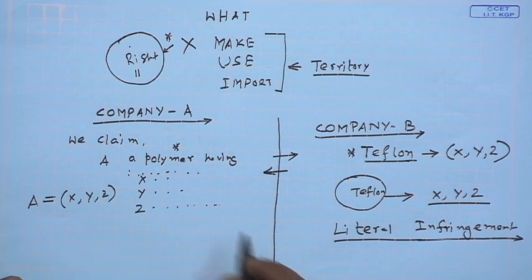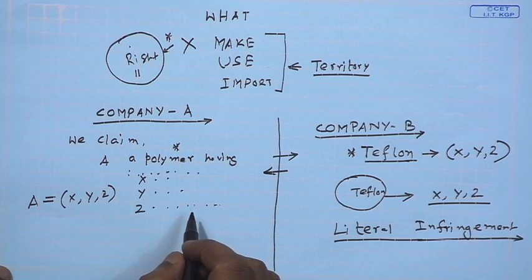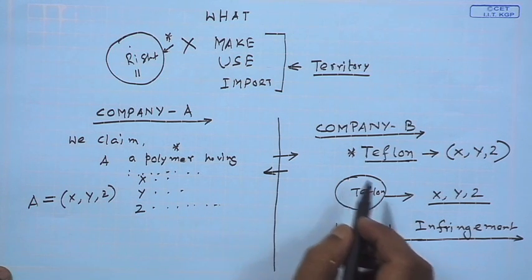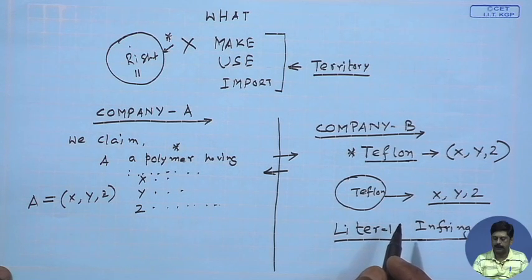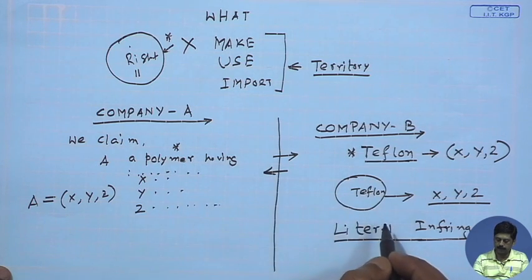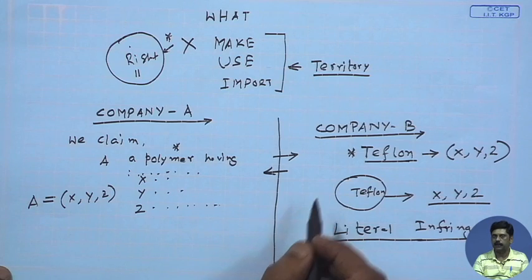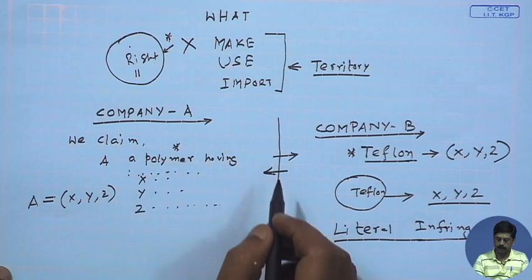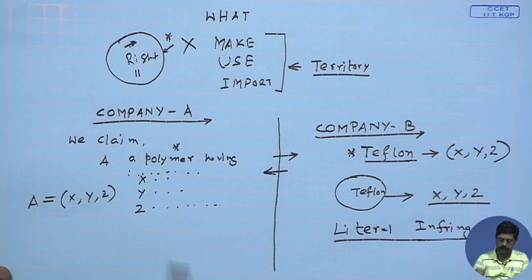All attributes of company A's product patent remain in company B's product, whether manufactured, sold or imported. If company B imports this product, makes this product, or uses this product, all will come within the purview of the rights of company A. So these are called literal infringement.